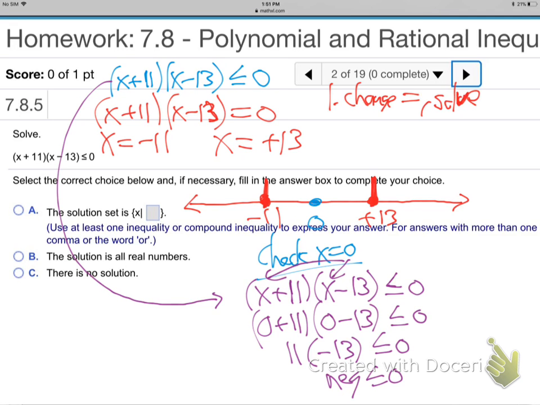Are negative numbers less than or equal to 0? Yes, they are. Negative numbers are less than 0, aren't they? You with me? This is true. Right? Negative numbers are less than 0, right? You all good with that? So that's a true statement.